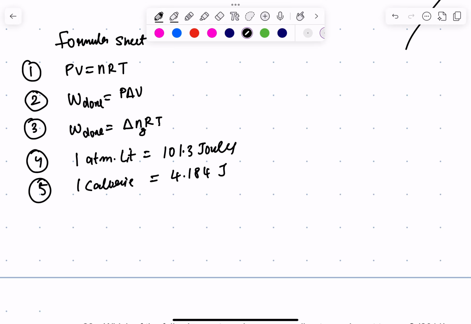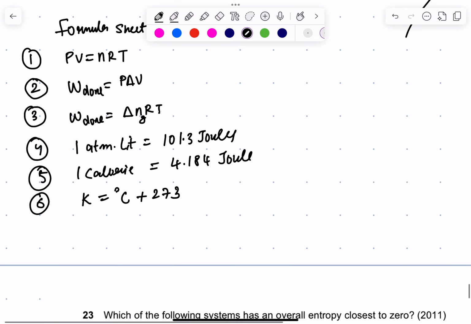And Kelvin is equal to Celsius plus 273. Then we have the first law of thermodynamics, which is conservation of energy: delta U is equal to Q minus W, where W is work.